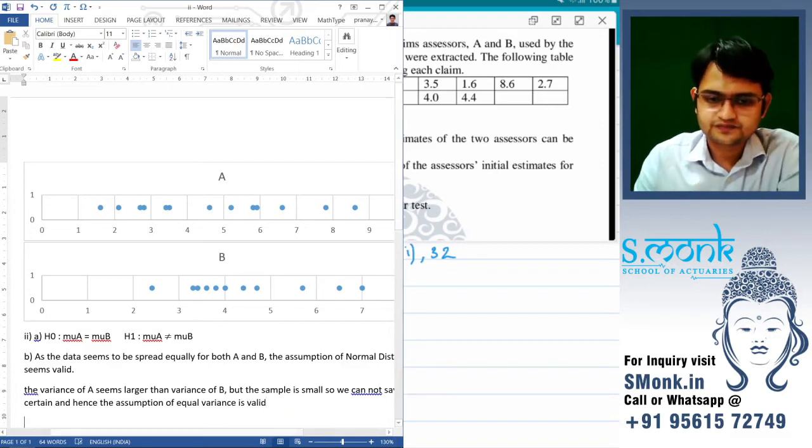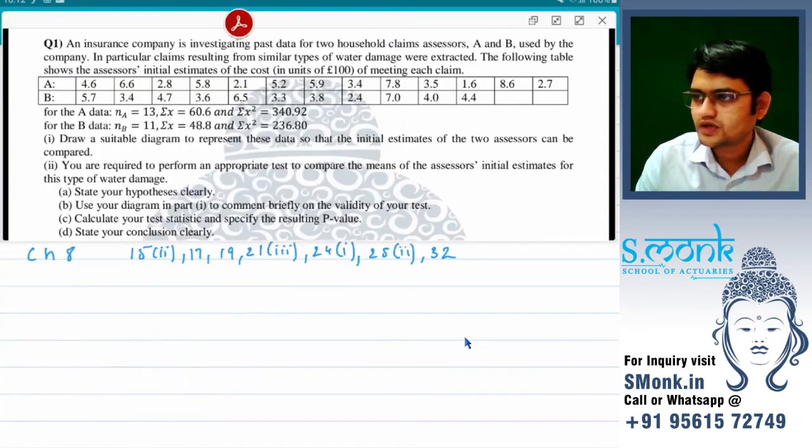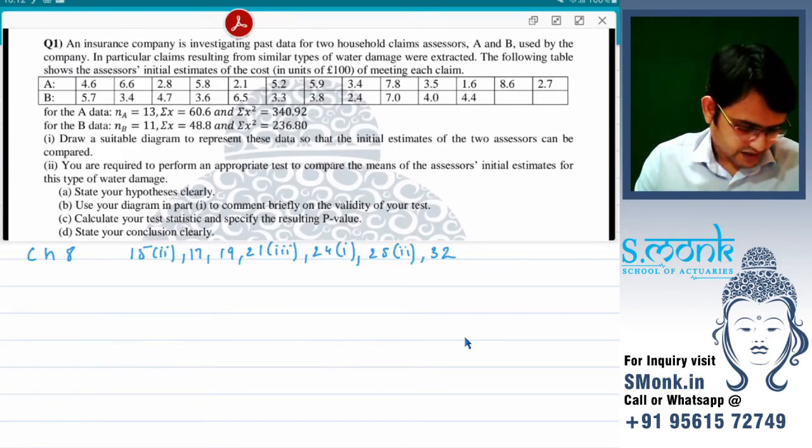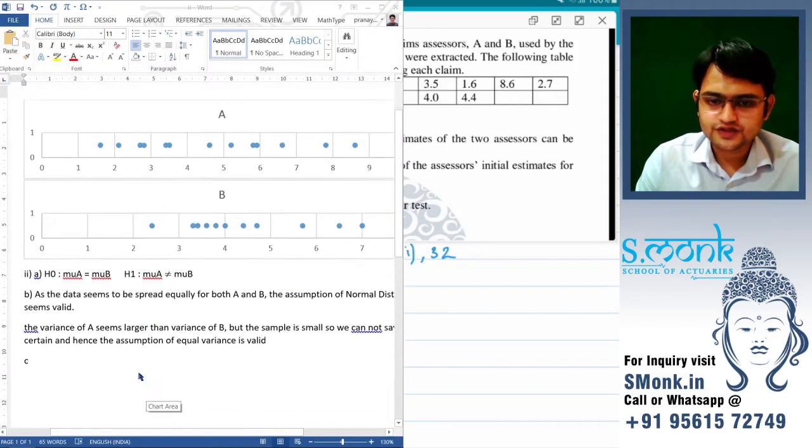And C part, they are saying calculate your test statistic and specify the resulting p-value. So for calculation of our test statistic, we'll have to calculate a lot of things.